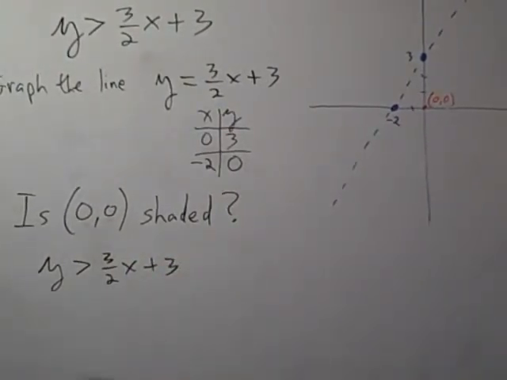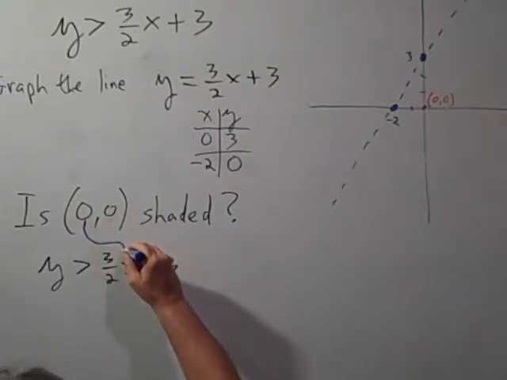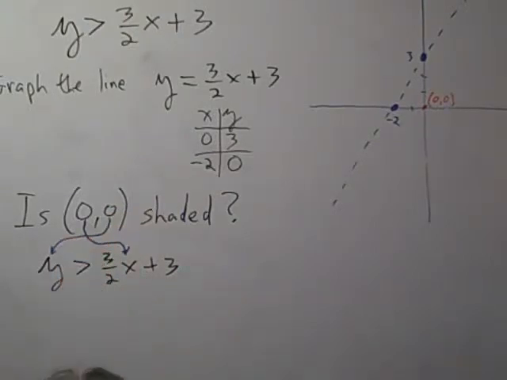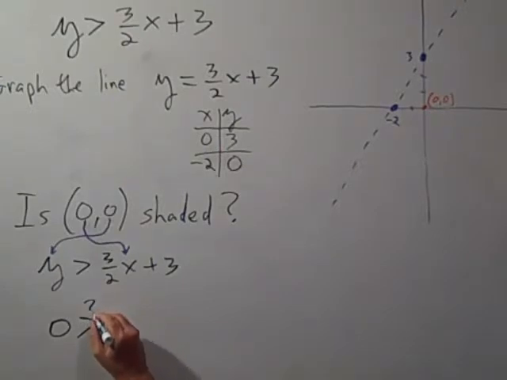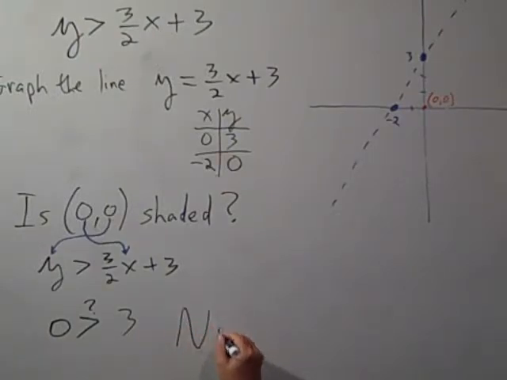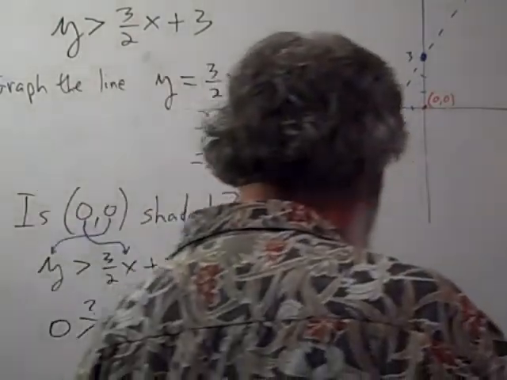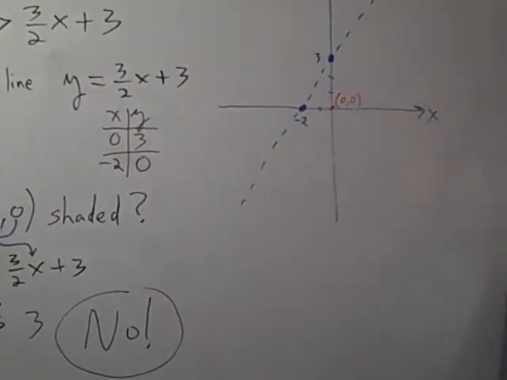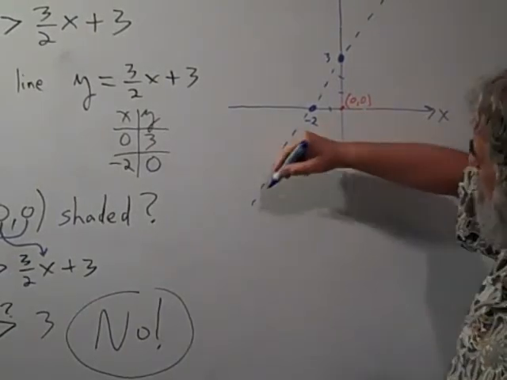So if we substitute 0 into the x position and 0 into the y, we end up with 0 is bigger than, we're wondering, 0 plus 3 is 3. 0 is not bigger than 3. So the answer to our question is no. So the origin is not on the shaded side of this line, so it's the other side that's shaded.